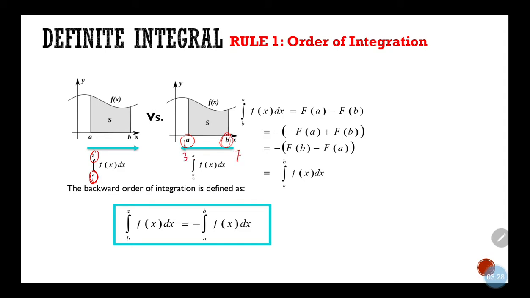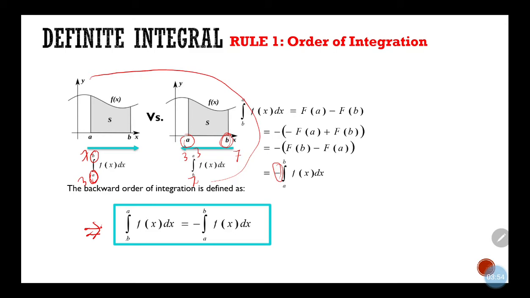So if you integrate from 7 to 3 instead of 3 to 7 like this, definitely the answer will be reversed. It will become negative. So this is the backward order of integration. It means if integration from B to A of f(x) dx, then it is equivalent to negative integration from A to B of f(x) dx. Okay, you can understand by looking at this picture.